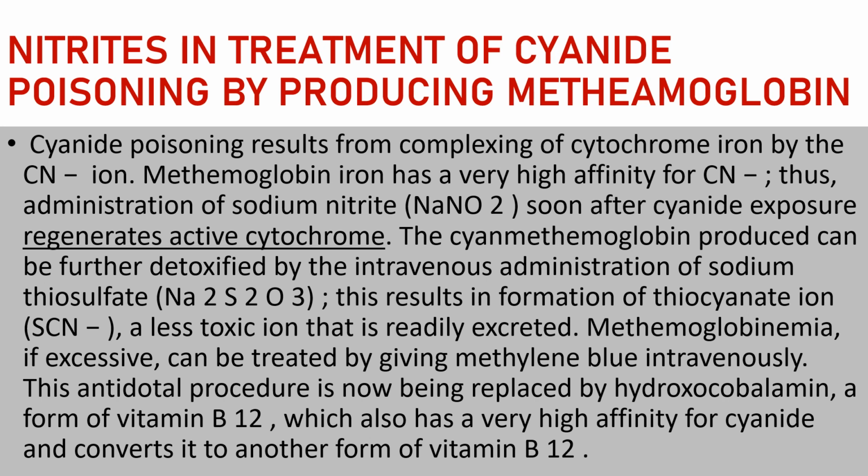So, methemoglobin produced can be further detoxified by giving sodium thiosulfate, and this results in the formation of thiocyanate ion. Now, this thiocyanate ion is a less toxic ion and it is readily excreted. So, side by side, if methemoglobinemia is occurring, this can be treated by giving methylene blue intravenously. This antidotal procedure is now being replaced by another drug.